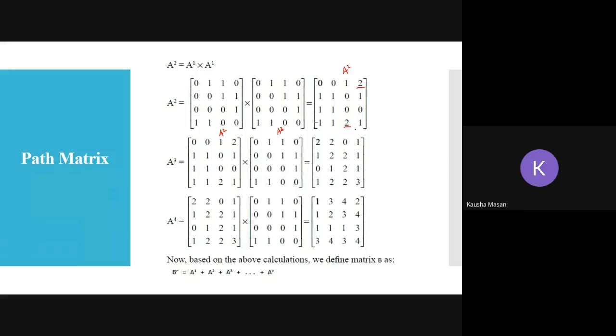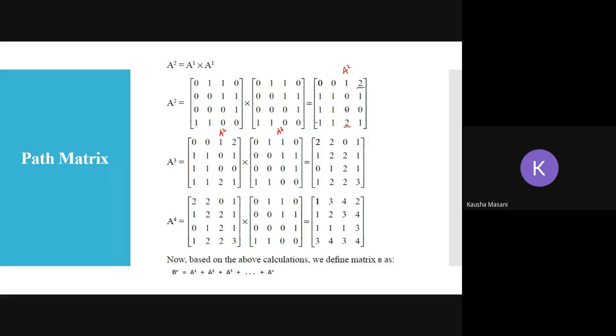These are your distance values. Now you are checking for A of 4. So again A of 3 cross A of 3, and you get some value here. Suppose there are 4 vertices, so you find out 4 matrices: A of 1, A of 2, A of 3, and A of 4.